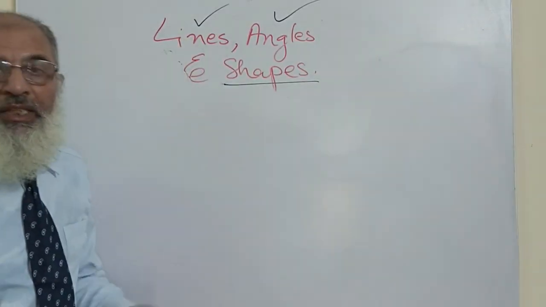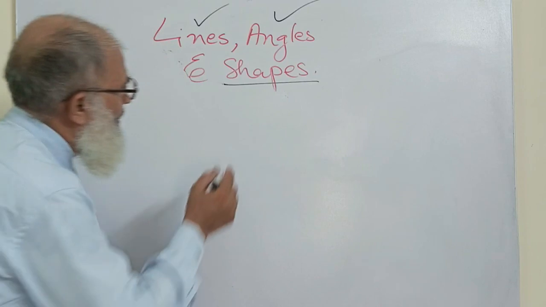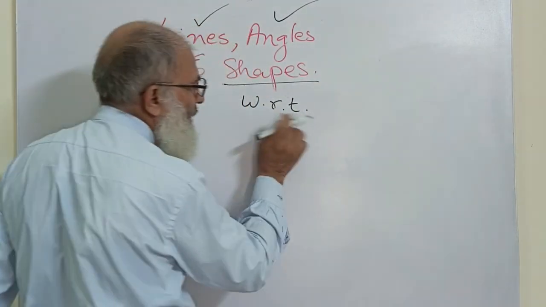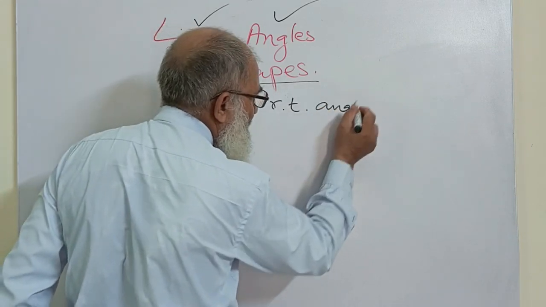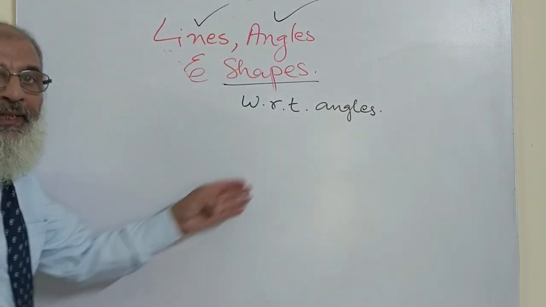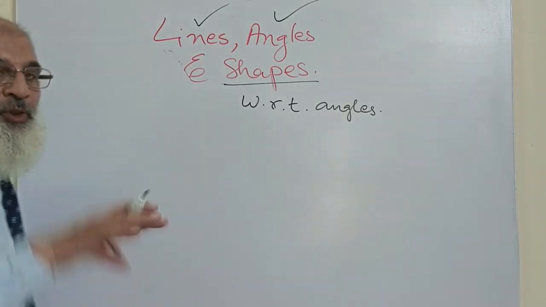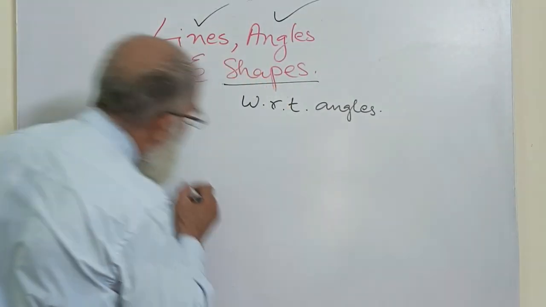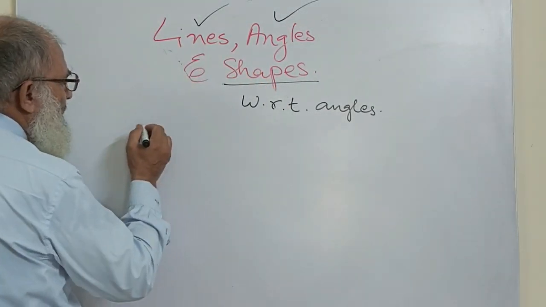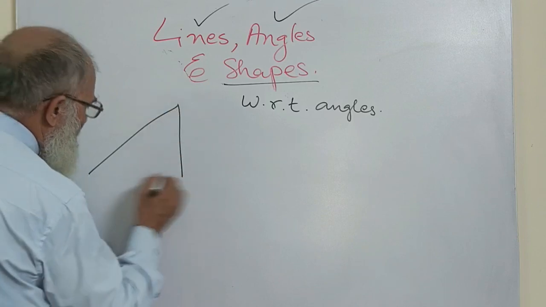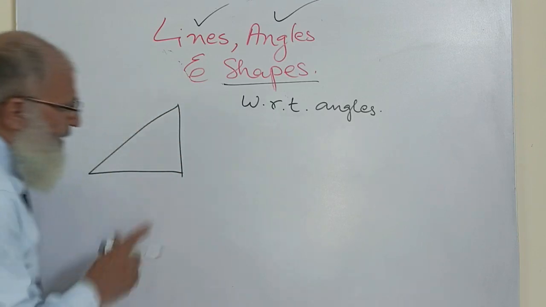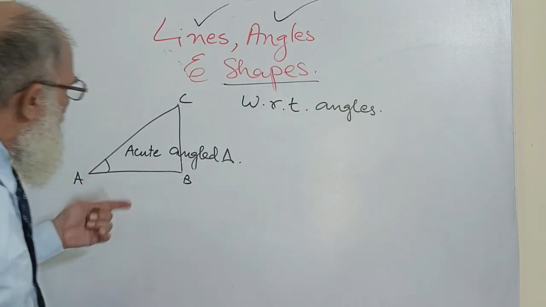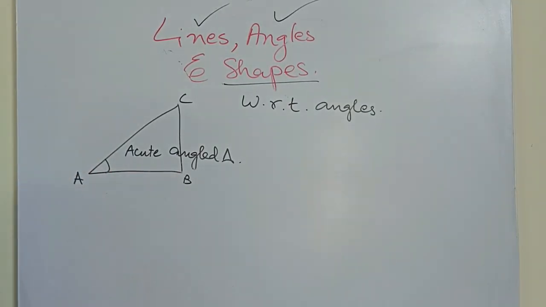Now the triangles with respect to their angles. We have already touched this topic, but to recap, there was a triangle which was an acute triangle. I am going to just draw it like this in freehand. Now this is an acute angle triangle. What are the characteristics of this acute angle triangle?